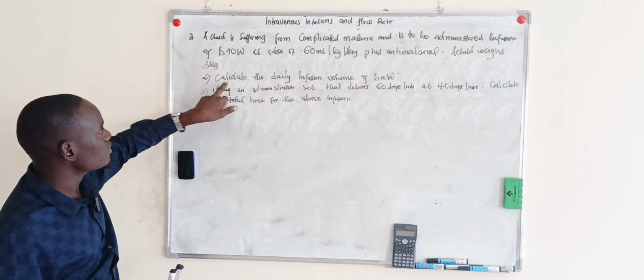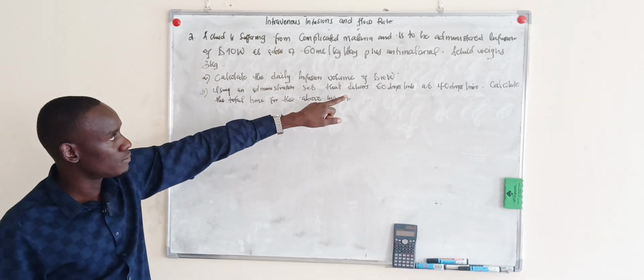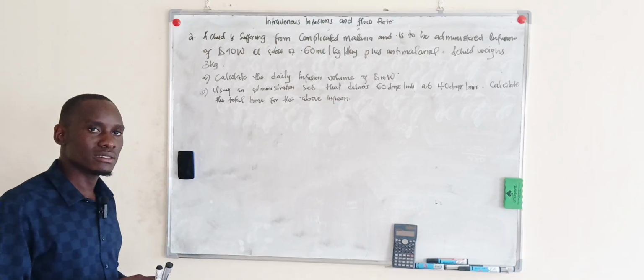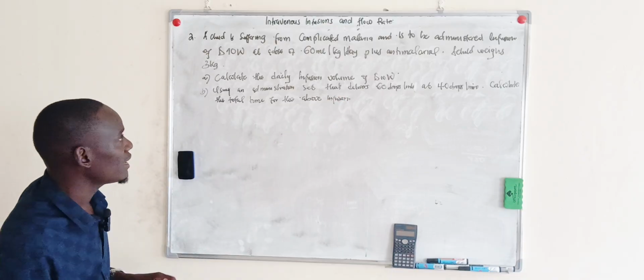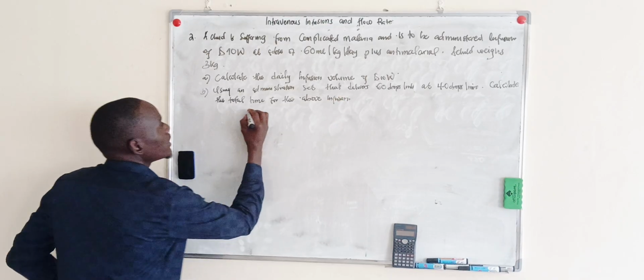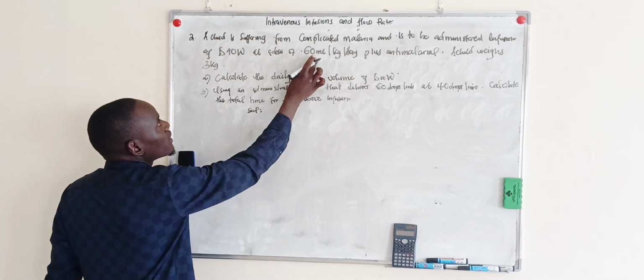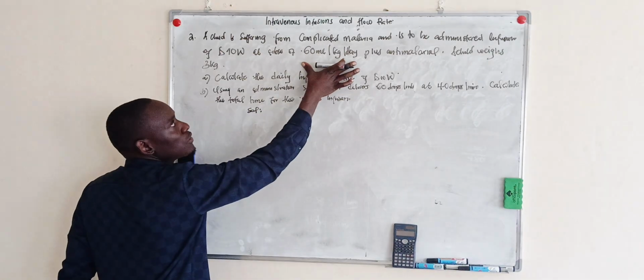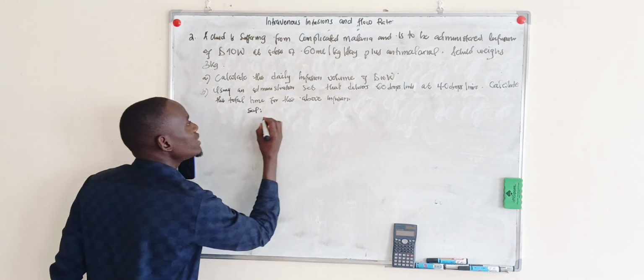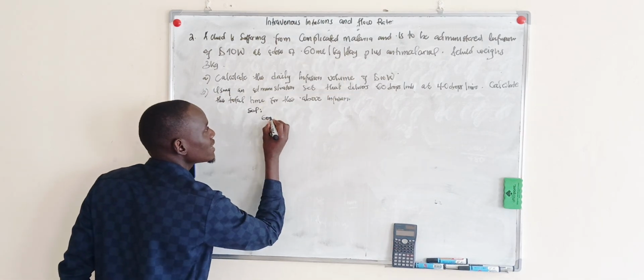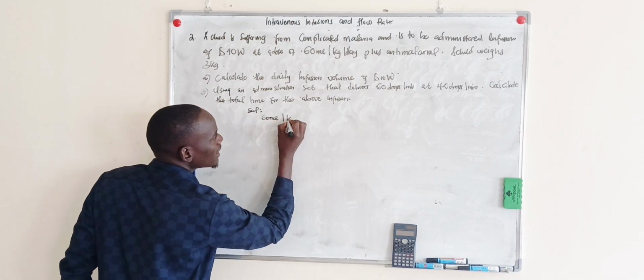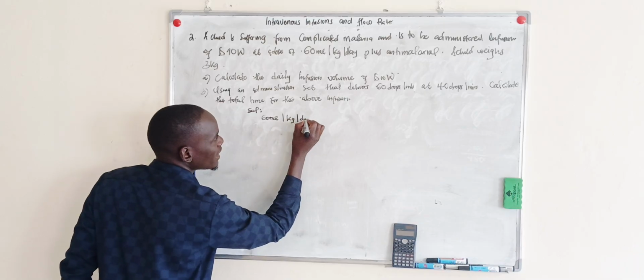First question, calculate the daily infusion volume of dextrose 10%. So, our first solution will be the dose of the child is 60 ml per kilogram per day.